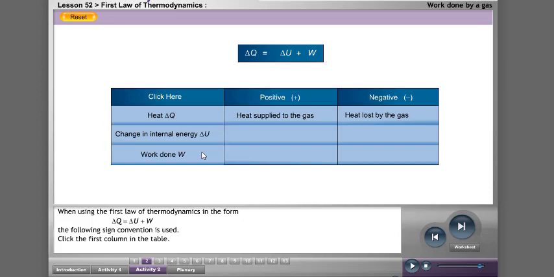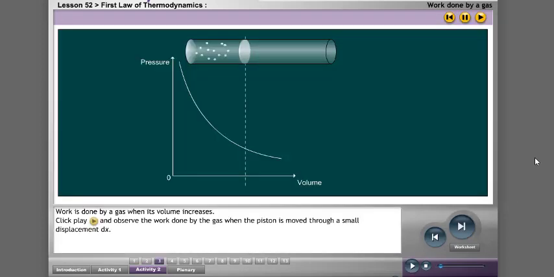Click the first column in the table. Work is done by a gas when its volume increases.